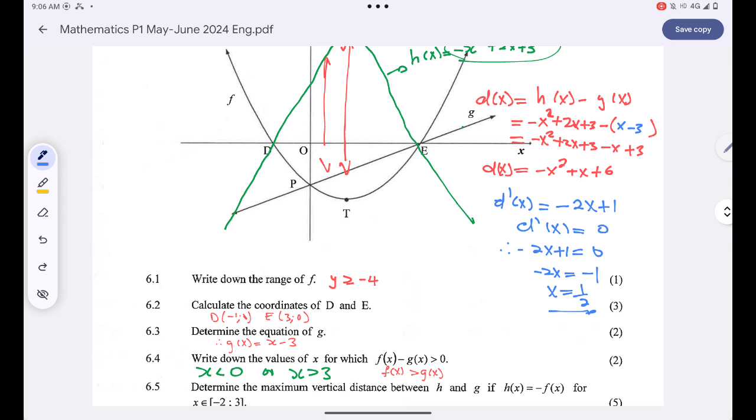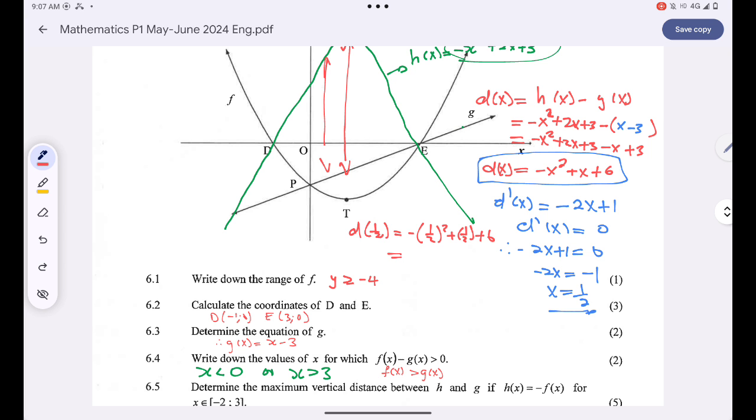After finding the value of x, I can simply go to this equation and substitute the value of x to find the maximum distance. Right, together. So I'll simply say d of half is negative half squared plus half plus 6.